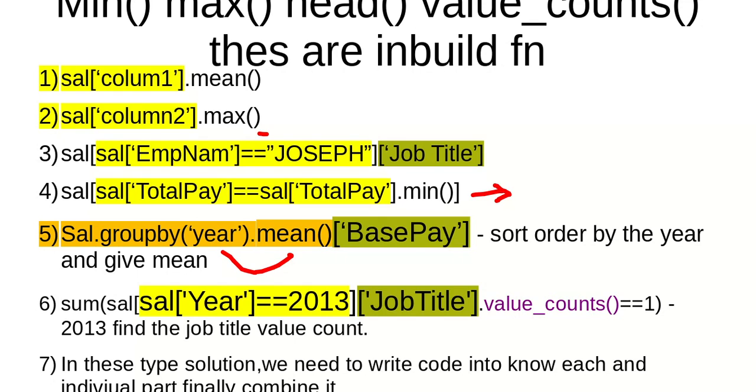And for this one, first it will find the salary year matching 2013. This is the first level operation it will do. Once that is done, the next level it will choose the respective job title and check how many counts there are, keeping only those found one time.